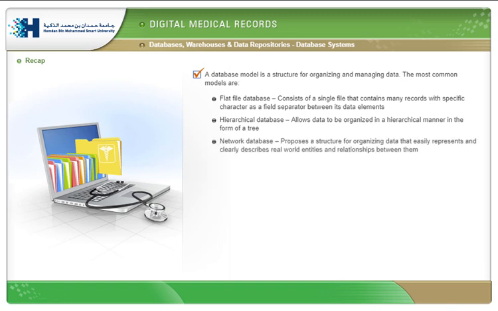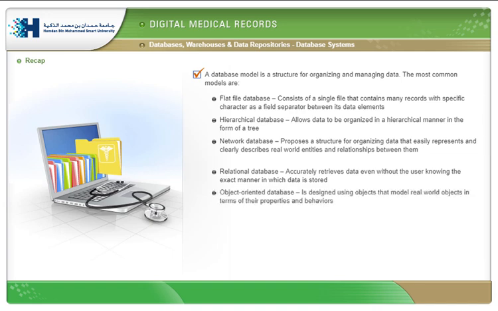Network database, which proposes a structure for organizing data that easily represents and clearly describes real-world entities and relationships between them. Relational database, which accurately retrieves data even without the user knowing the exact manner in which data is stored. And object-oriented database, which is designed using objects that model real-world objects in terms of their properties and behaviors.